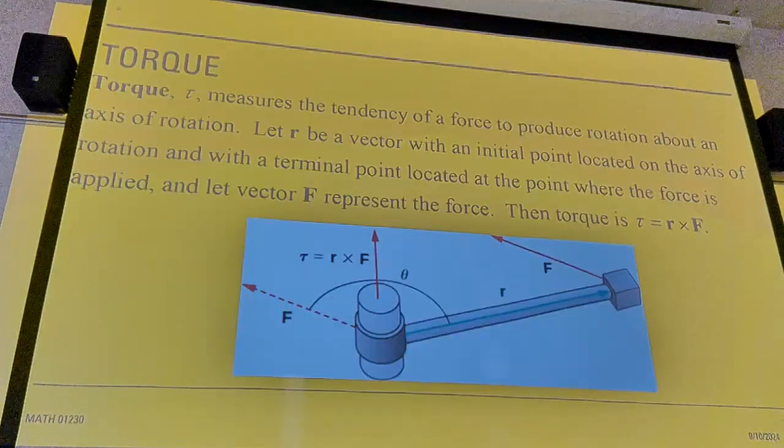U cross V is negative V cross U. All that's going to do is change the direction. It doesn't change the fact that it's perpendicular. If you just need a perpendicular vector, it doesn't matter how you take the cross product. The only difference is going to be which direction it points.